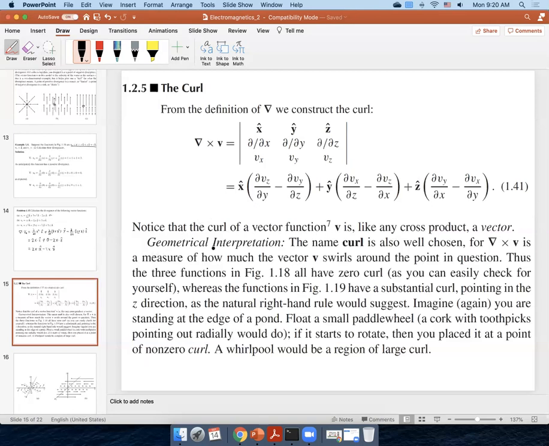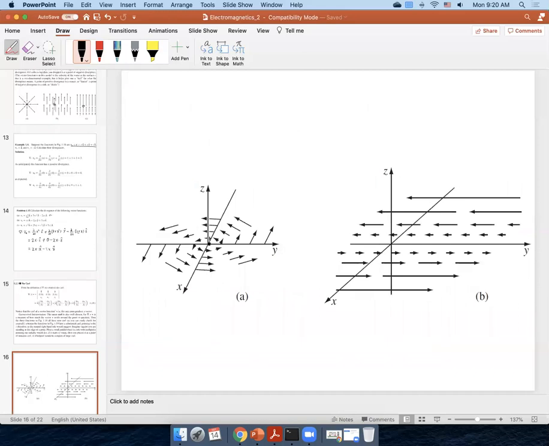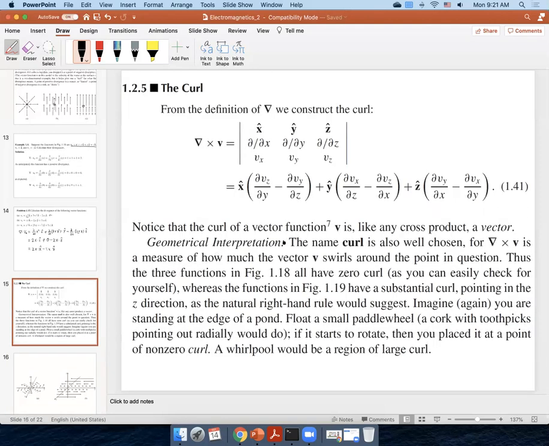So the geometrical interpretation is that the curl is a measure of how much the vector v swirls around the point in question. For example, if you look at this picture, if you consider the point at the origin here, you will see the vectors swirl, and the curl of the function at your chosen point shows us how much it swirls.